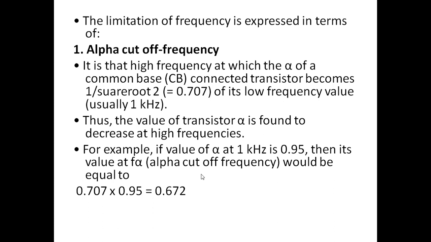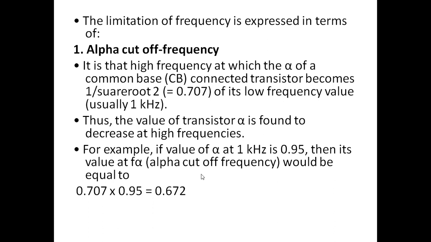The limitations of frequency are expressed in terms of alpha cutoff frequency and beta cutoff frequency. First, alpha cutoff frequency. It is that high frequency at which the alpha of a common base connected transistor becomes 1 by square root of 2, that is 0.707, of its low frequency value, usually at 1 kilohertz.